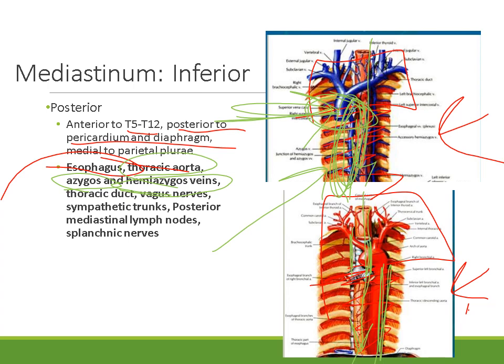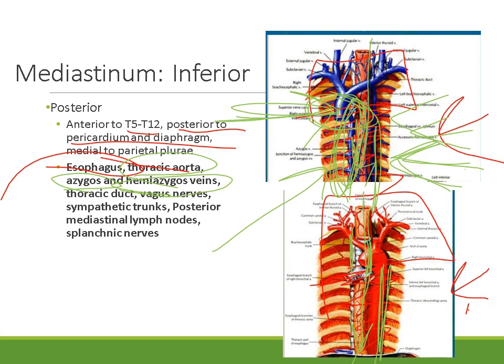On the left-hand side is the hemiazygous vein. So coming up on this side of the back, up the vertebrae, is the hemiazygous vein. And that's collecting blood from the left intercostal veins. So the intercostal veins come through and empty into the azygos and hemiazygos.